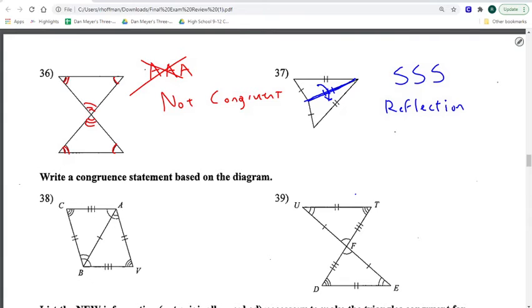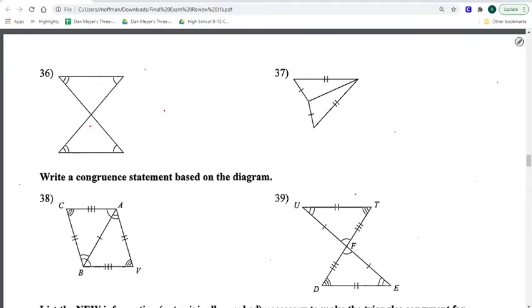So you should know how to get those triangles congruent, those 5 different possibilities. You should know the difference between included side and included angle and something being not included in a side or angle. It's a visual thing in the diagram. Now let's look at congruent statements.